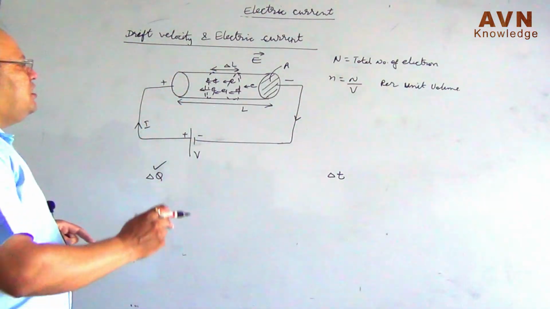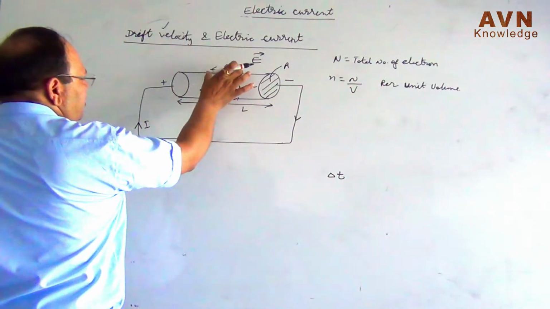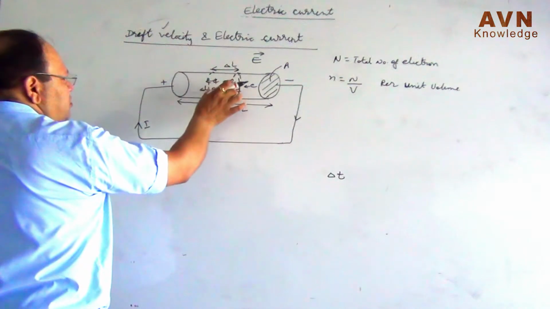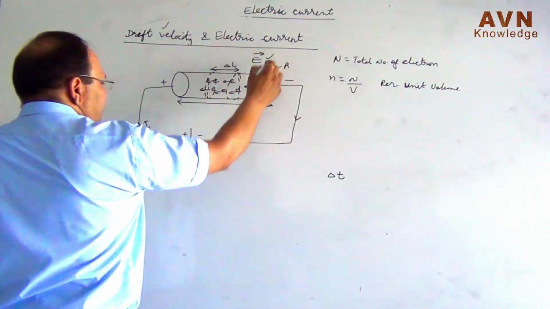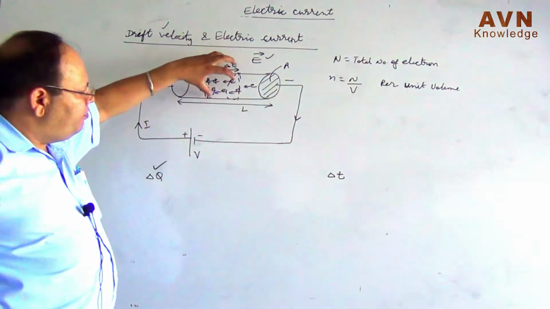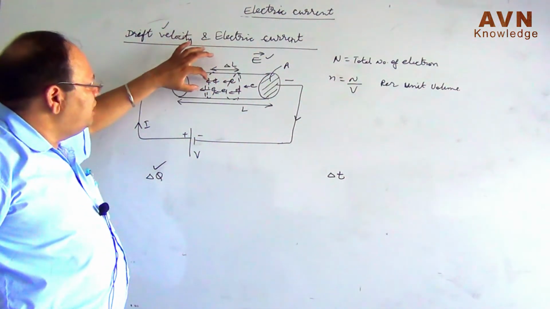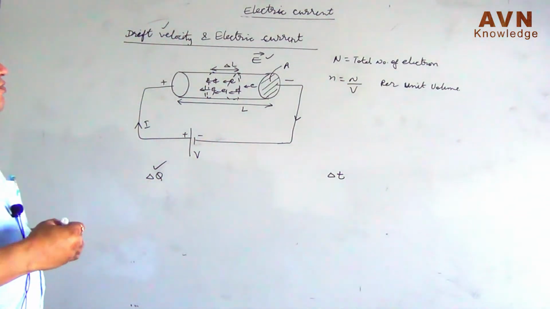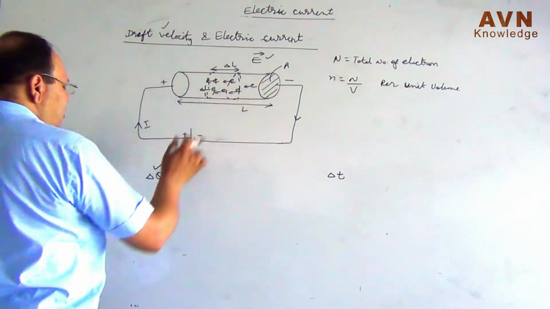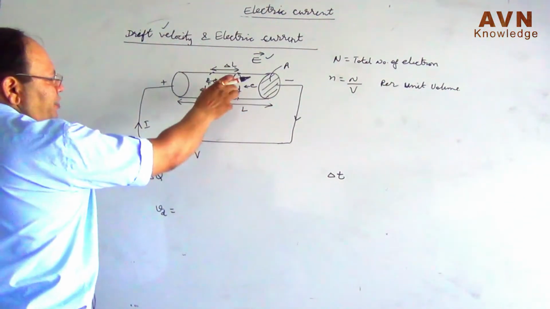So what is the drift velocity? In the presence of an electric field, the average velocity of this flow of electrons in the cross-section area is the drift velocity. Drift velocity equals displacement upon time.